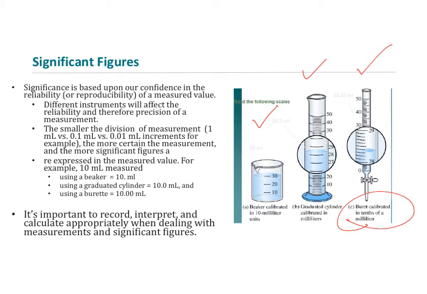What the precision depends on is the size of the increments. The smaller the increments are, the more precise the measurement and the more significant figures you're going to have. So check out the beaker. It only has increments every 10 milliliters.